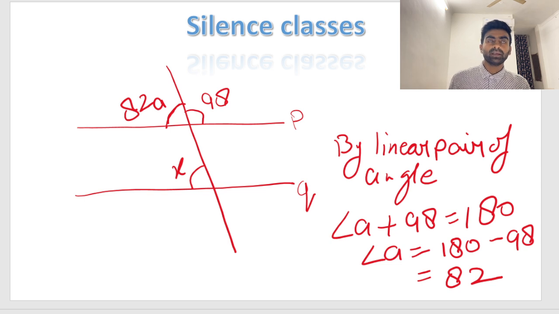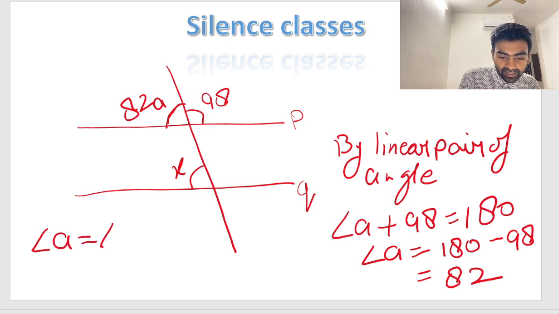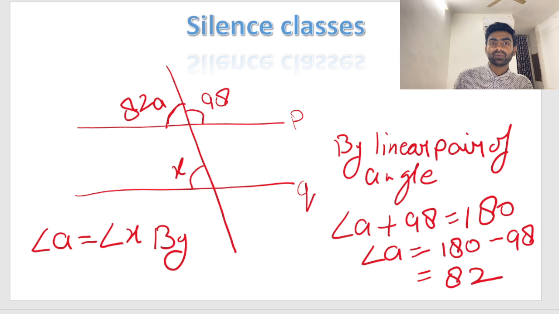Now we know angle A and angle x are equal. Angle A is equals to angle x by corresponding angles. Very good.